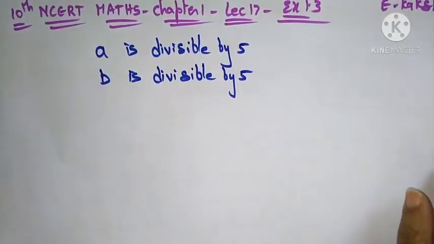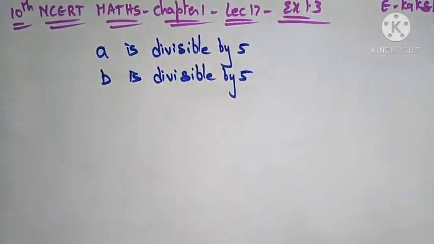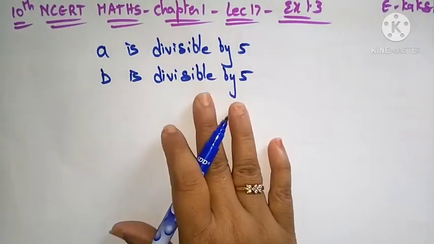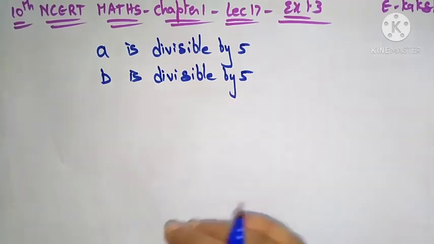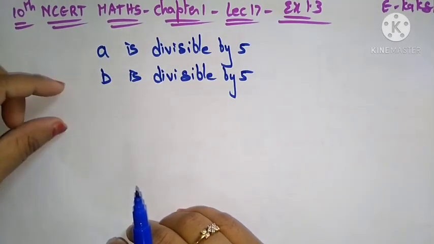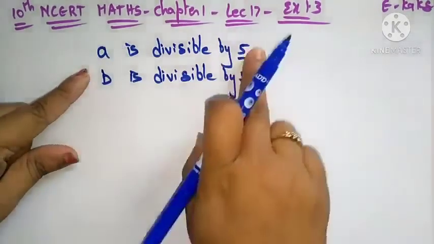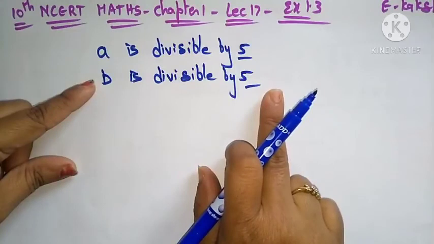From these two equations, what do you observe? a is divisible by 5 and b is divisible by 5. So by observing this, we conclude that a and b are not co-prime numbers. Why are they not co-prime numbers? Because there is a common factor 5. a has a common factor 5 and b has a common factor 5.